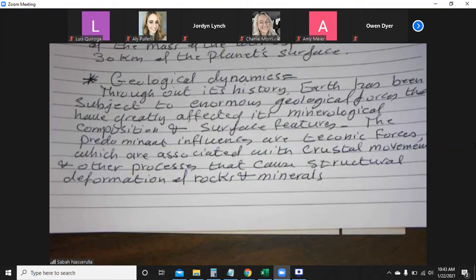Plus that, these are associated with continental movement and so on.